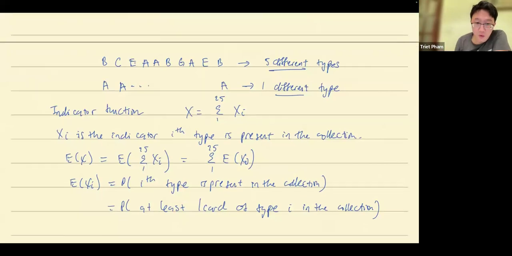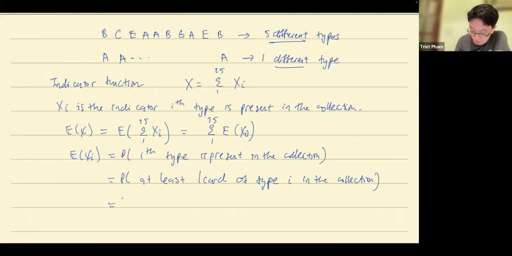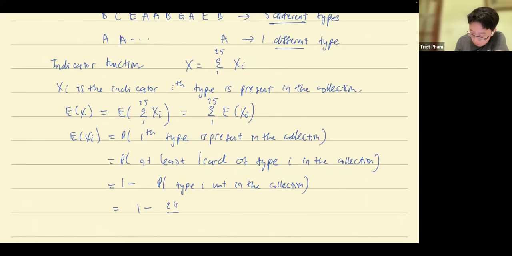So we will do it through the complement where we do 1 minus the probability that type I is not in the collection, which means that you go through each card in the collection and say, is this not of type I? The probability of that clearly is 24 over 25 raised to the 10th power.